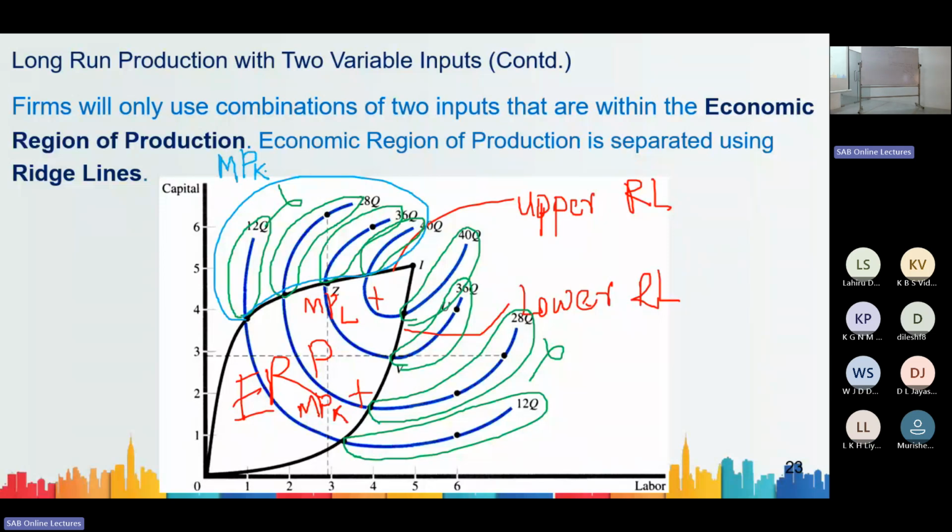Over these portions, marginal product of capital is negative.